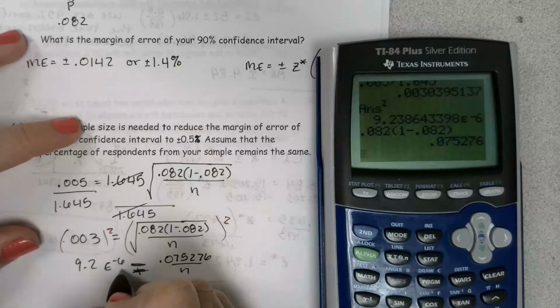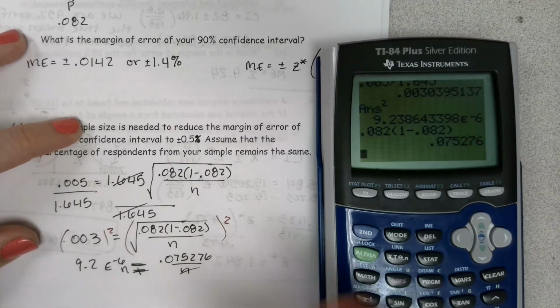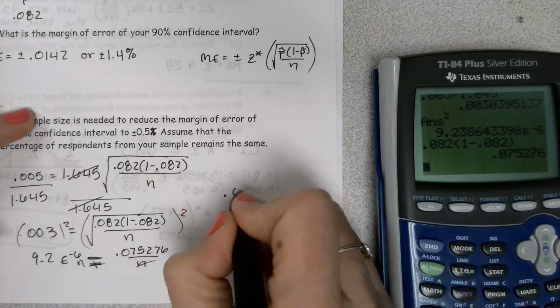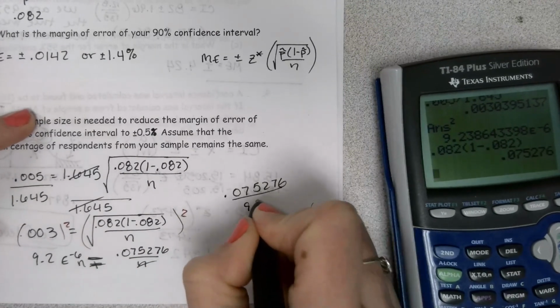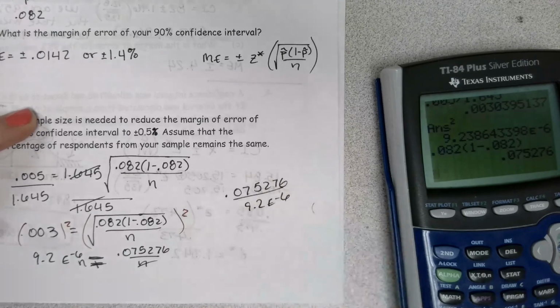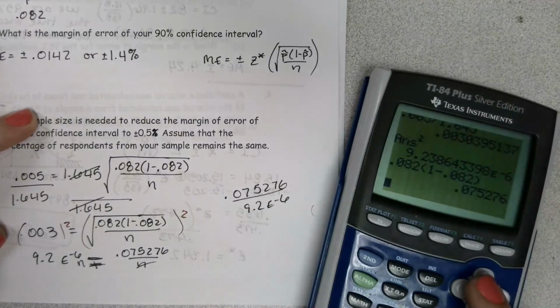Okay, so now I'm going to multiply both sides by n to cancel that out, which means ultimately I have to divide this value.